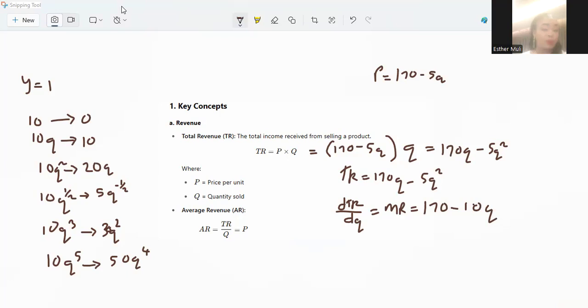Our marginal revenue is equal to 170 minus 10Q. This is how we differentiate that.